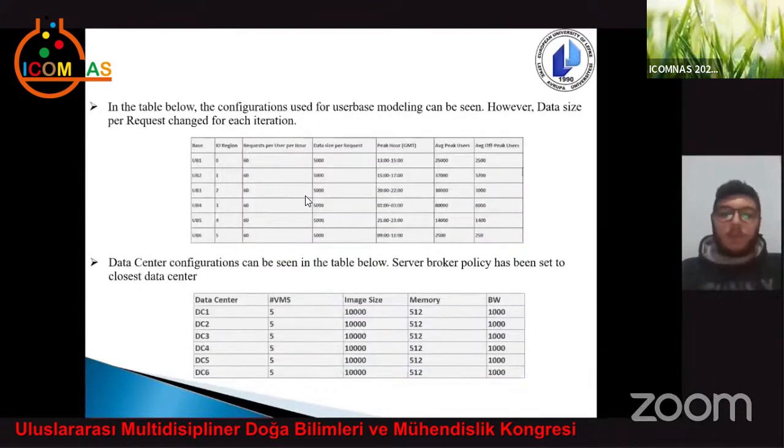In the table below, the configurations used for user-based modeling can be seen. However, data size per request changes for each iteration. We can see our user bases from 1 to 6, and they have their own ID and region, which shows our continents.